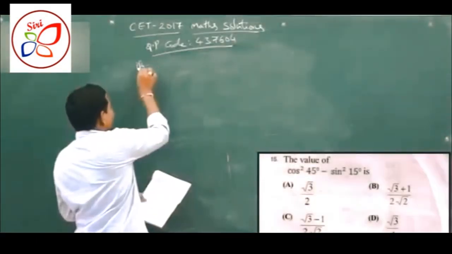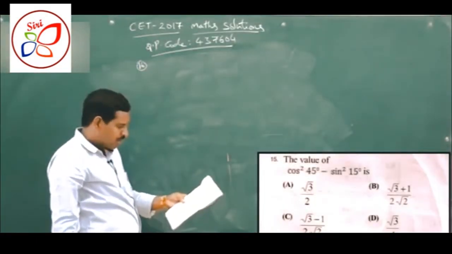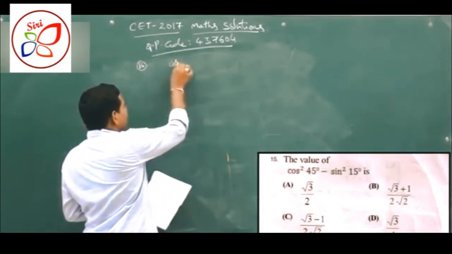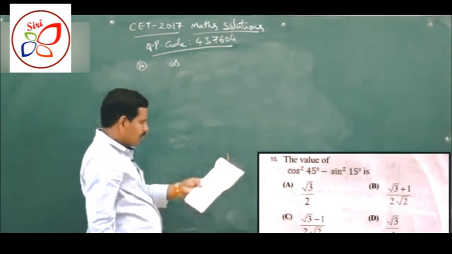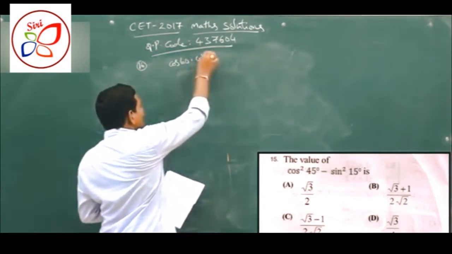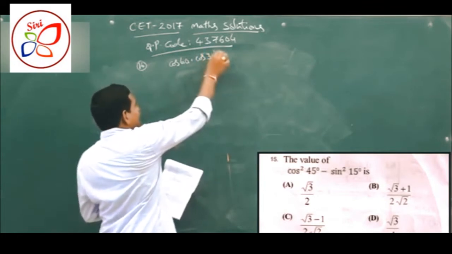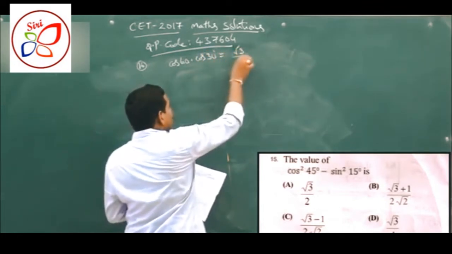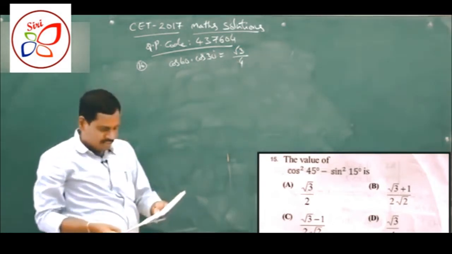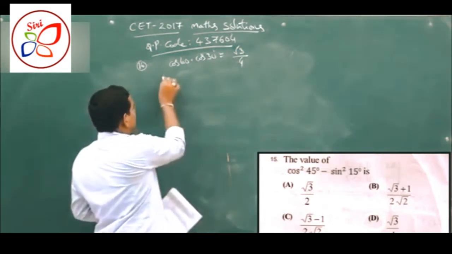Question number 16. Cos square 45 minus sin square 15 is nothing but cos A plus B into cos A minus B. So cos A plus B means cos 60, into cos A minus B, which is cos 30. Root 3 by 2 into 1 by 2. So root 3 by 4. It means D is the right option.